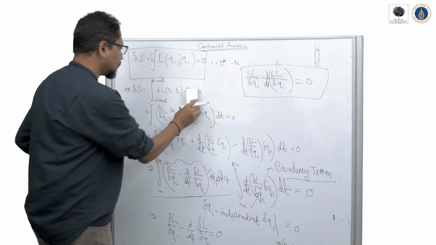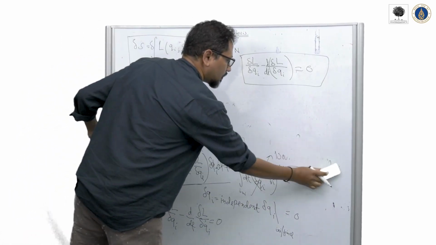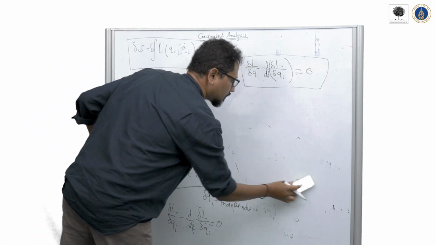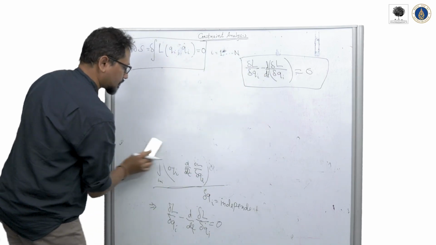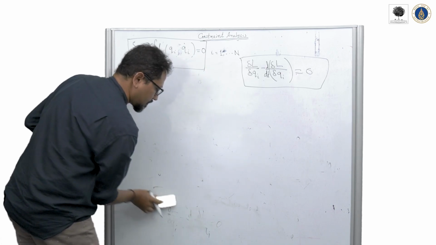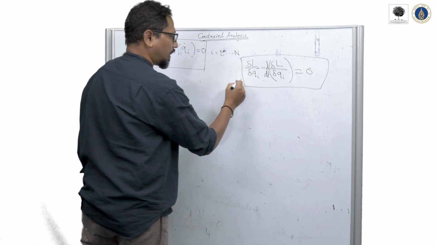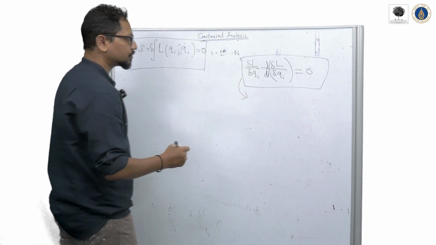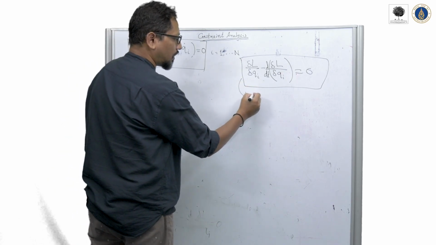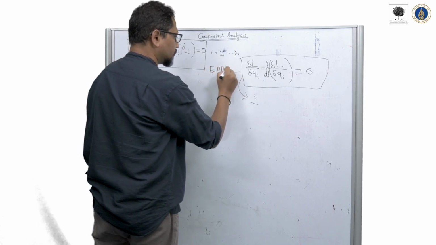Okay, so far so good. So we have the generalized equation of motion for each i.